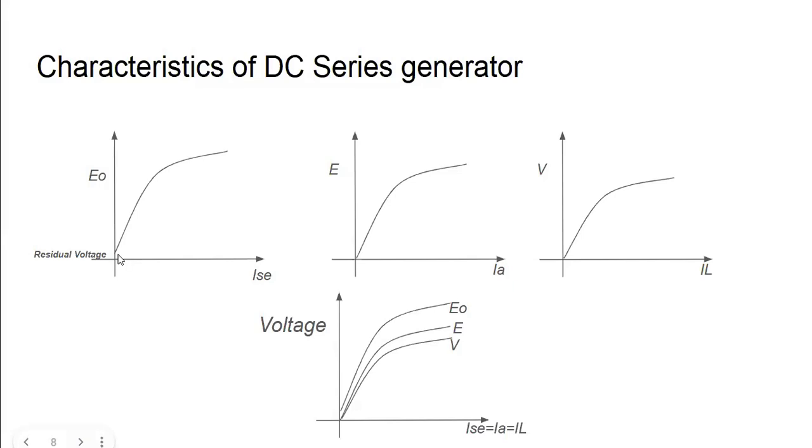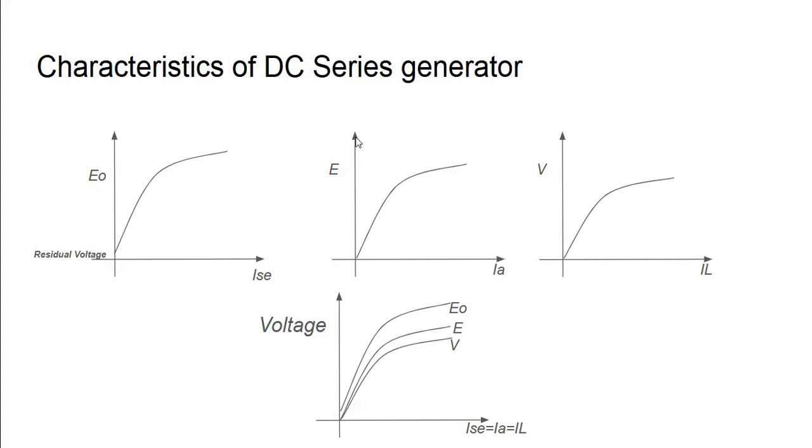For self-excited generators to generate, there should always be a residual magnetism in the pole, which will induce a small residual voltage that will make a small current flow through the field winding, which in turn will increase the induced EMF again, and this process will continue. So for a series or shunt generator, that is a self-excited generator, there should always be a residual magnetism present in the pole. So this is the open circuit characteristics.